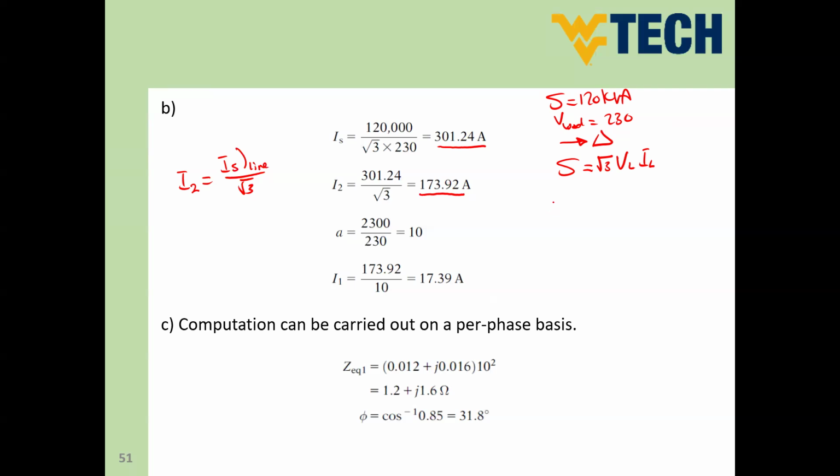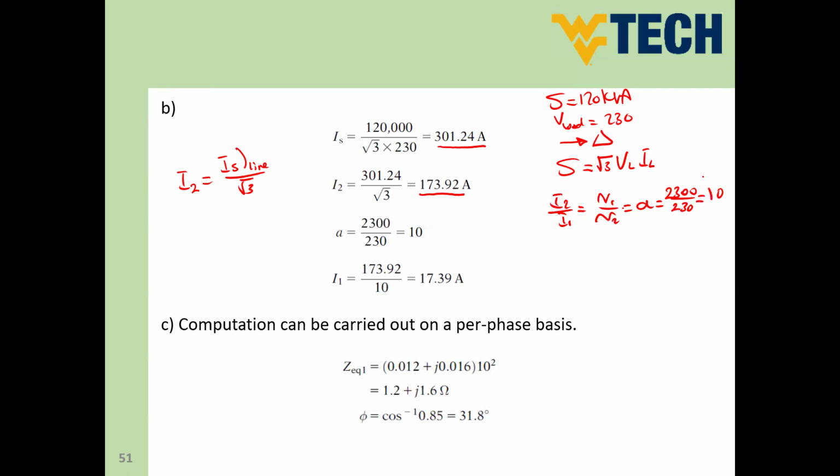So I can say that I2 divided by I1 equals N1 divided by N2. This is the turns ratio of our transformer, the relation between current and volt, which is A. And A is given from the single phase transformer, which is 2300 divided by 230. This means it equals 10.